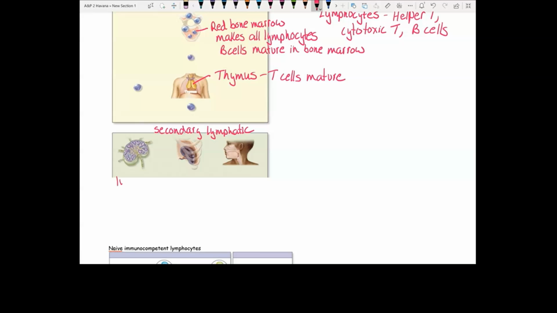So we have here a lymph node. We have the spleen. And we have tonsils. These are serving as examples of secondary lymphatic structures. They are what house mature lymphocytes.